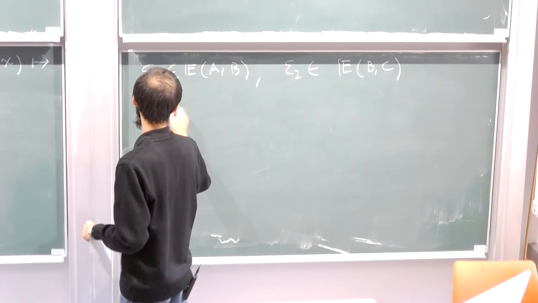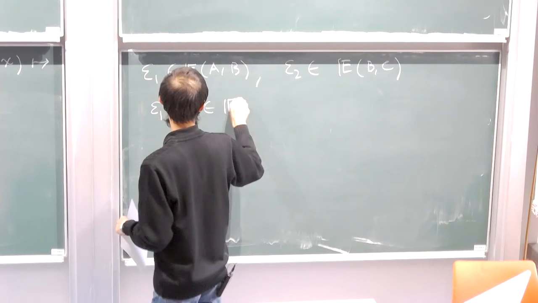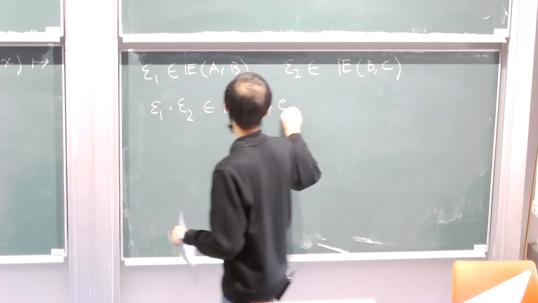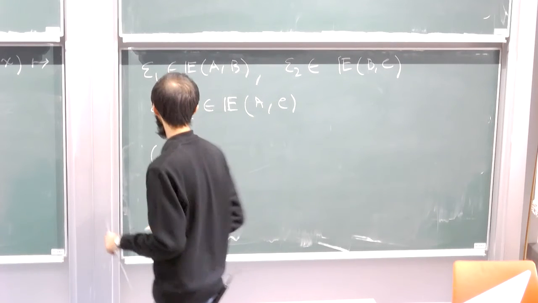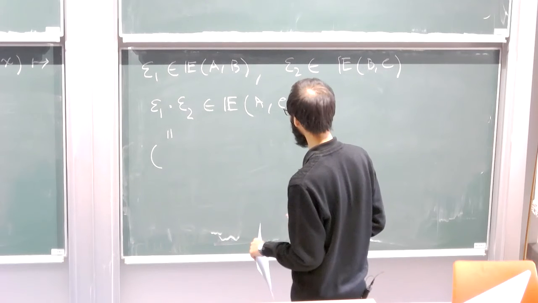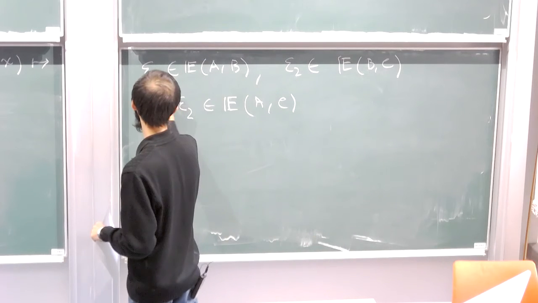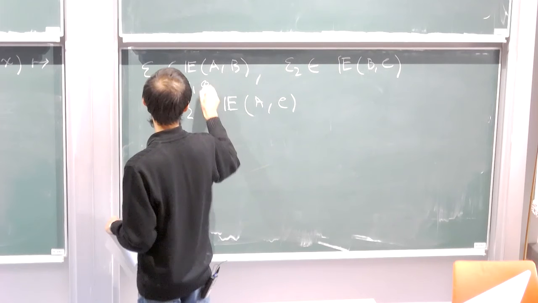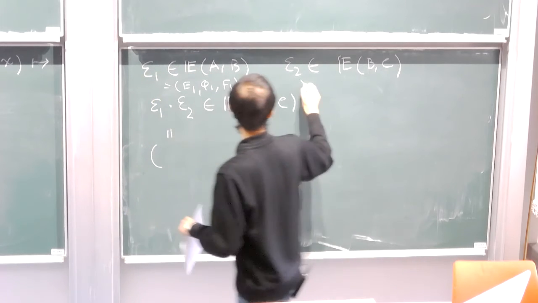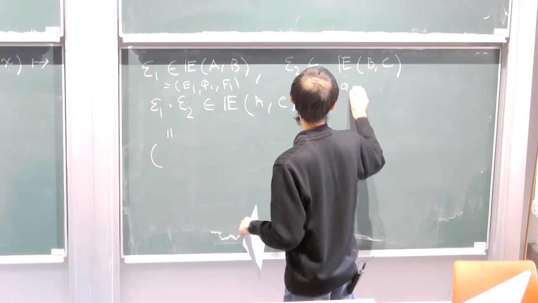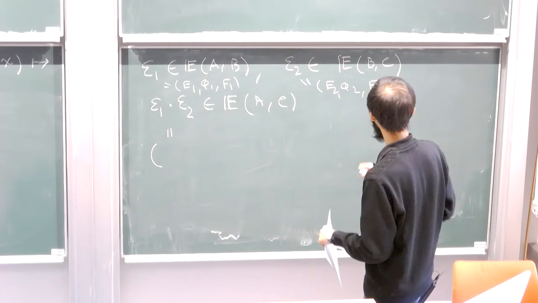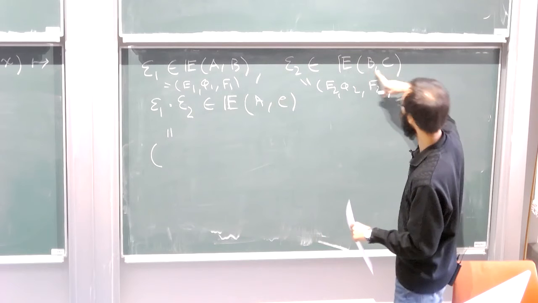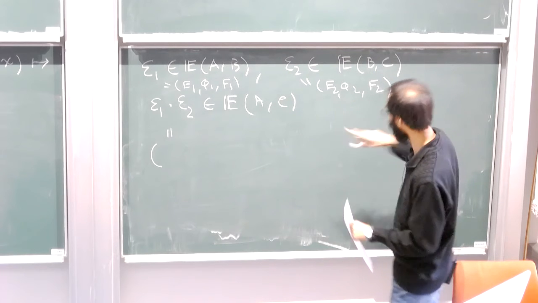We would like to have something E12 in the AC module. So the first two candidates are almost there. So phi is E1, phi 1, F1. It is E2, phi 2, F2. So phi 2 is from B to LC of E2.